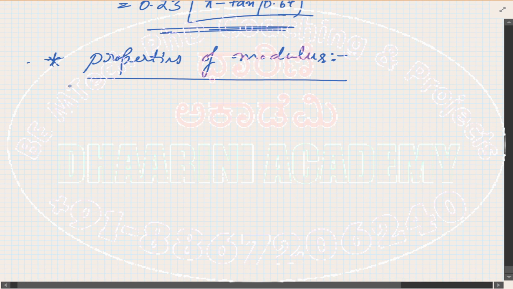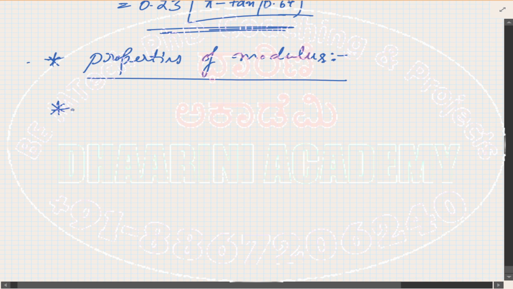Let's say there is a function z equal to a plus ib.